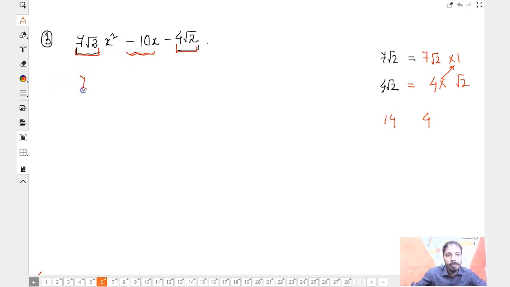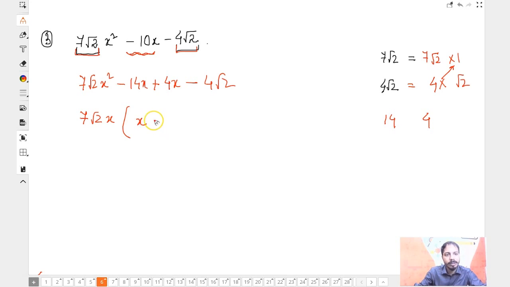So now 7 root 2x square minus 14x plus 4x minus 4 root 2. Simple. Now if I take 7 root 2x common, what will I get? I will get x minus 2. Right? That's what I will get.